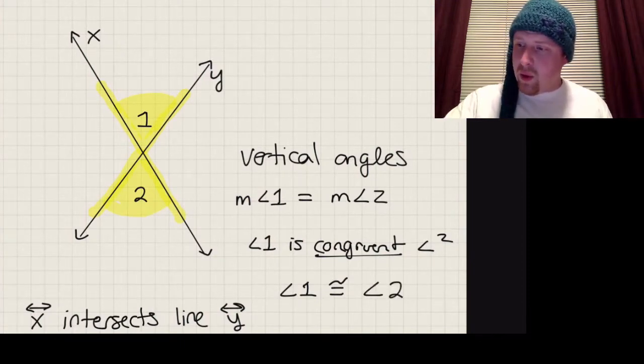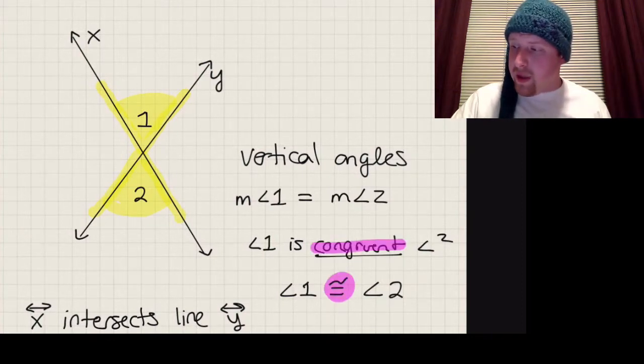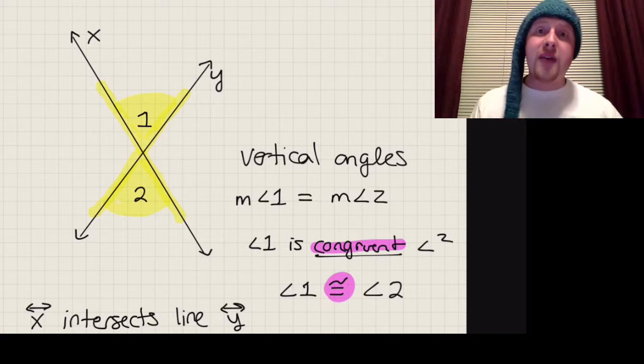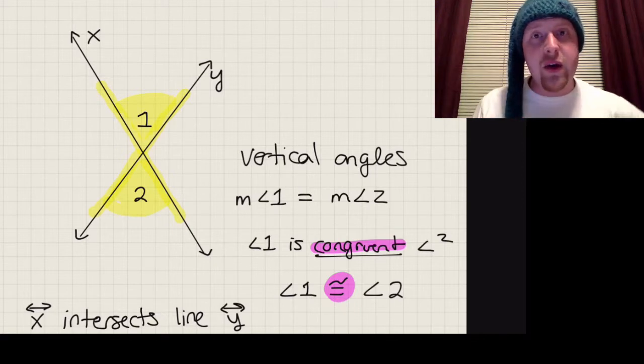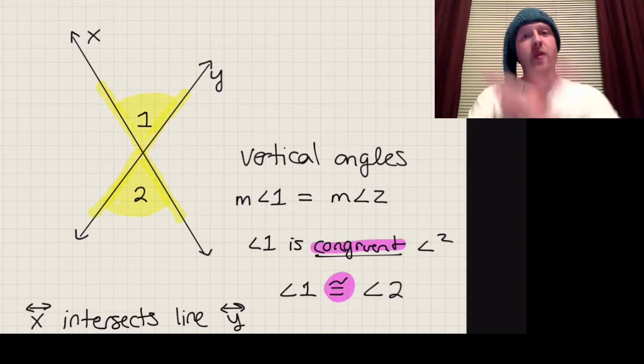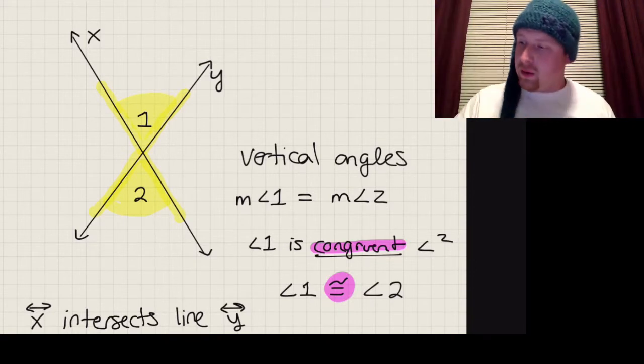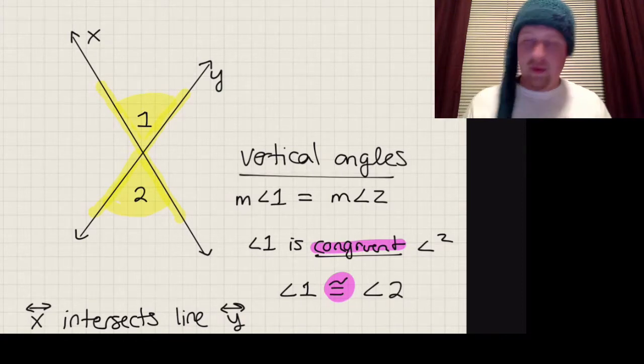This little symbol, which you're going to see highlighted in purple, means congruent. Okay? So angle 1 is congruent to angle 2 because when you have two lines that crisscross, the angles opposite each other are vertical angles.